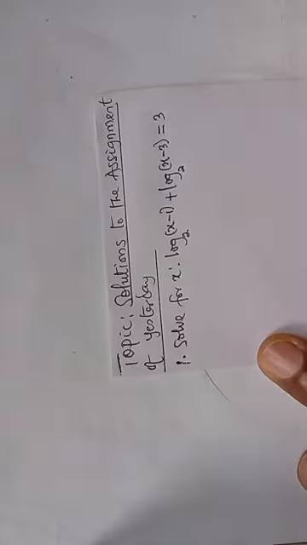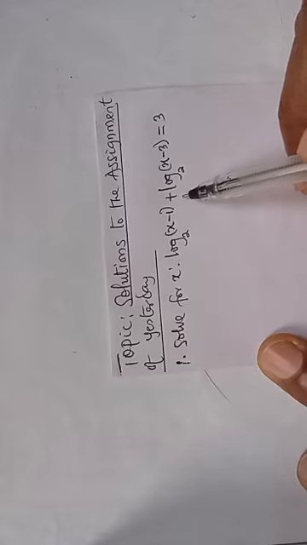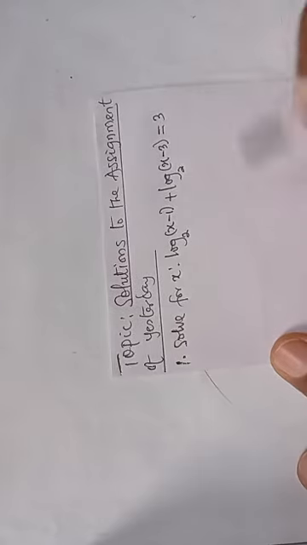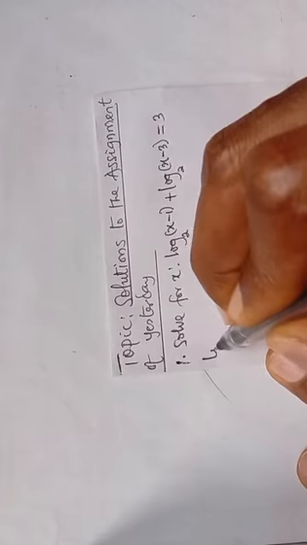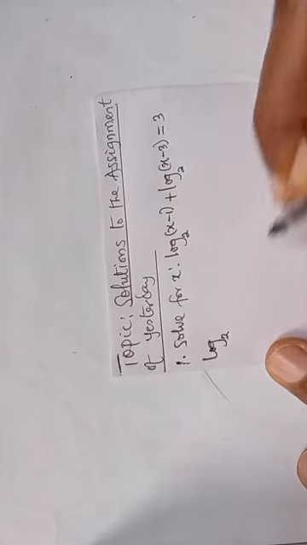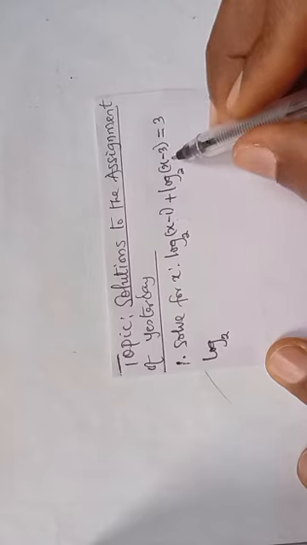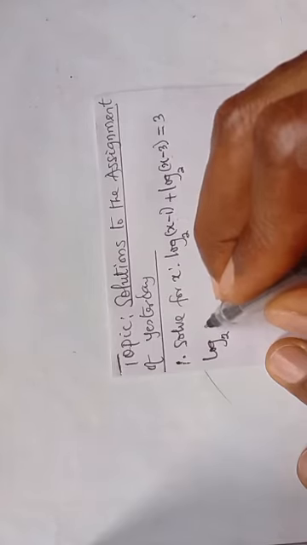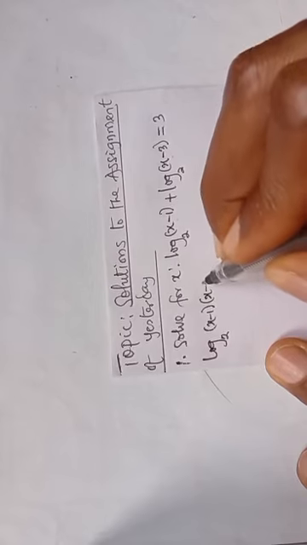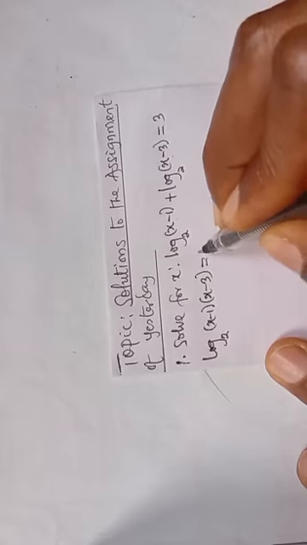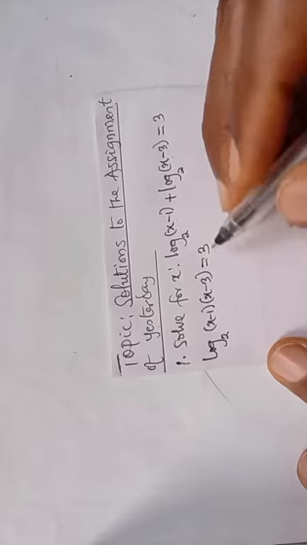Okay, now let us go. This is plus, so we're going to apply the addition law, as simple as that. The addition law says log to base 2, you're going to multiply this and this. So I'm going to have x minus 1 multiplying x minus 3 equal to 3.